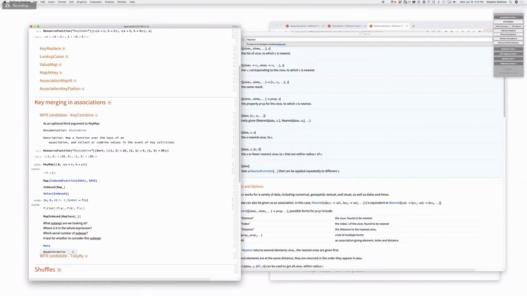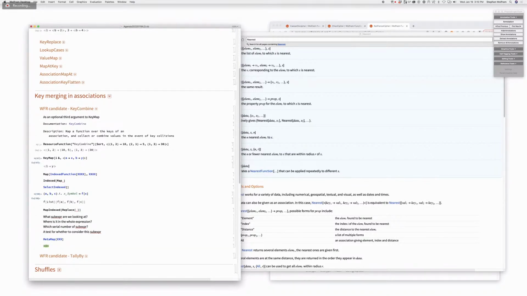Okay, here's a crazy idea. This is a bad name, but let's imagine we had a function called Metamap. What Metamap does is feed you an association that says position, blah blah blah, expression, blah blah blah.